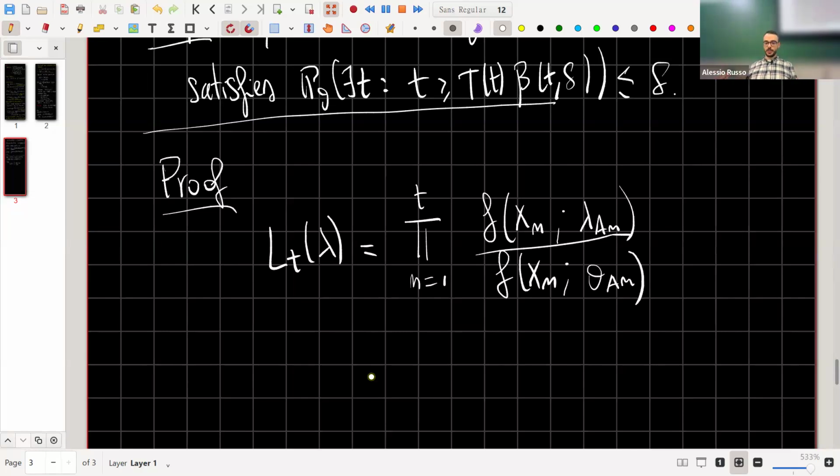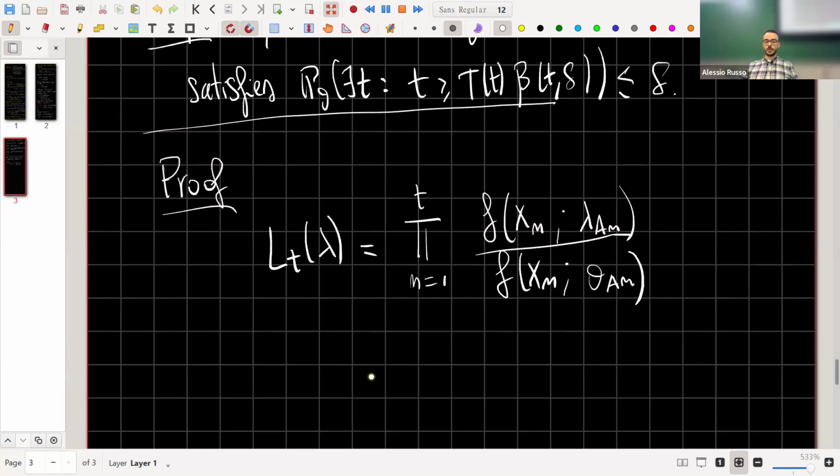So why are we choosing this quantity? Why will this be a martingale? Why are we considering this? Just from an intuitive perspective, if the data is generated by theta and not by lambda, the denominator will have higher likelihood compared to the numerator.